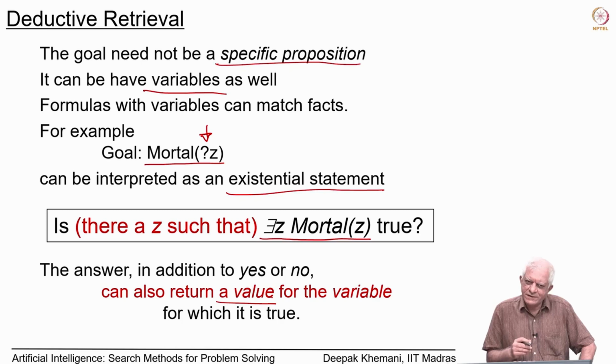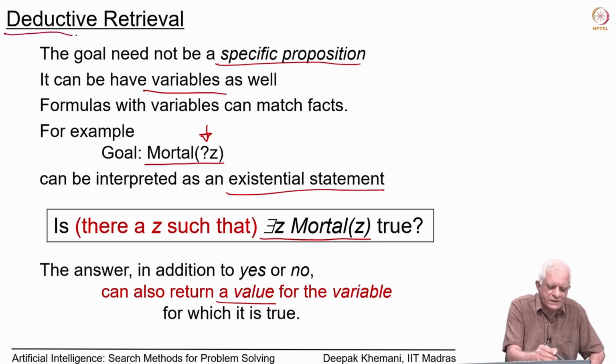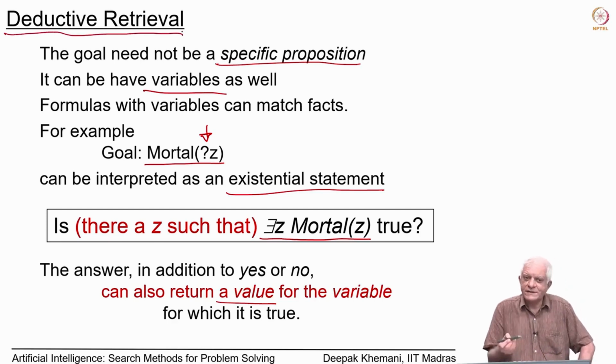Backward chaining extends the capability of a database to not only answer facts which are present in the database, but also those facts which can be concluded by a process of deduction. So, that is why we call this process deductive retrieval. You can extend retrieval to the process of making deduction as well essentially.